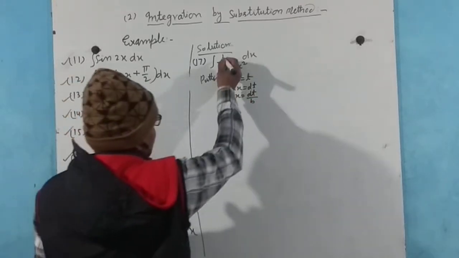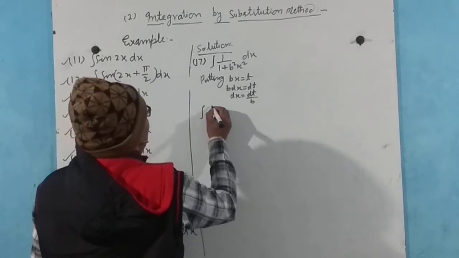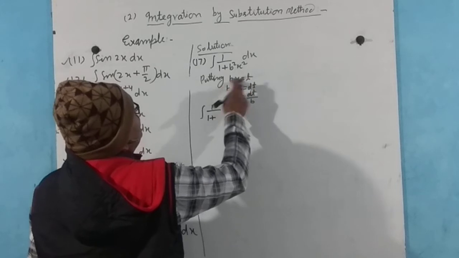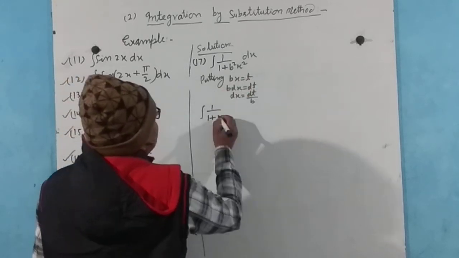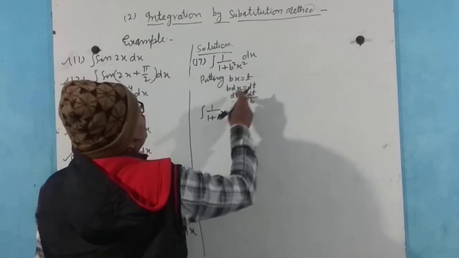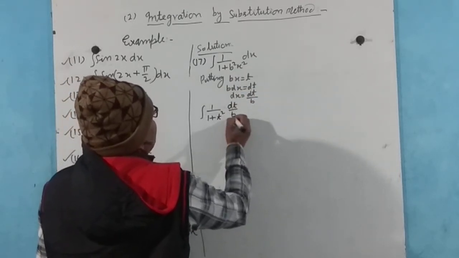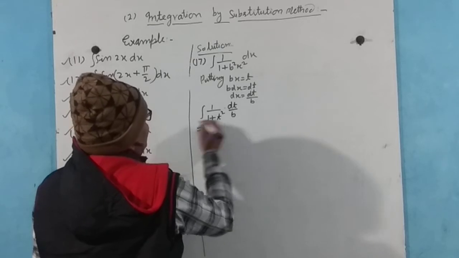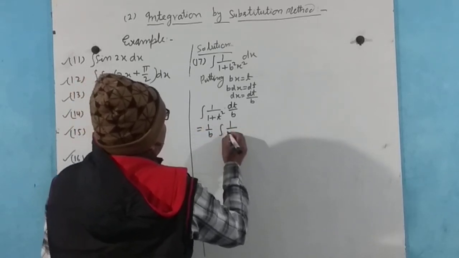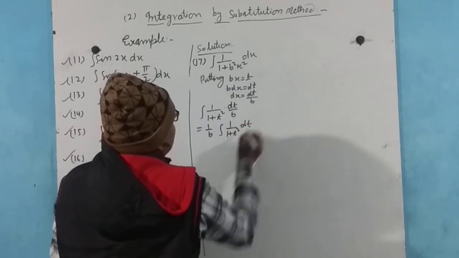Putting this in the question, integration of 1 by 1 plus t square, where b square x square equal to t square and dx equal to dt by b. This comes here as 1 by b, integration of 1 by 1 plus t square dt.